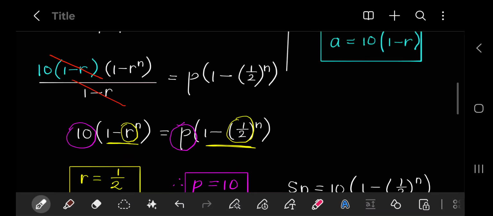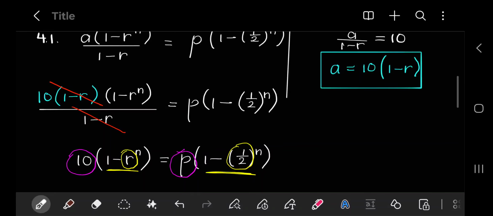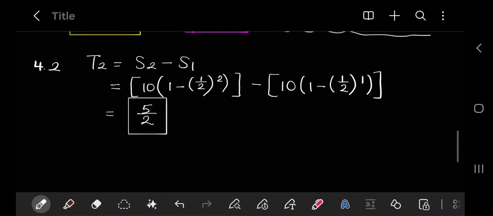Alternatively, say that you didn't like this method and you wanted to use something else. What I would suggest is calculate what A is. And since we know that R is a half, we can substitute a half in place of R and get A. And then we know that term 2 is equal to AR. So we would take the value of A, multiply by the value of R. Let's actually write this down so we can see how we would do this.